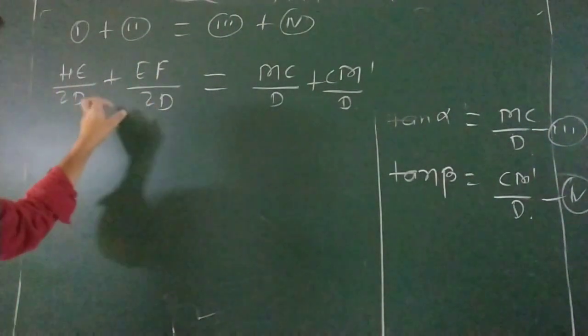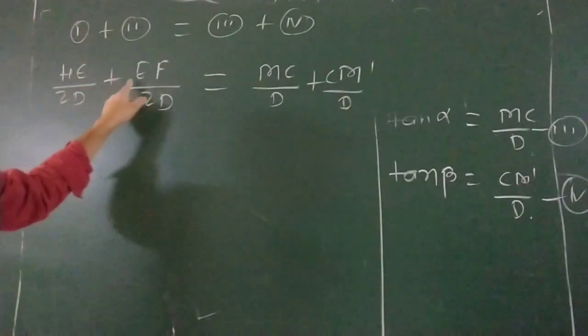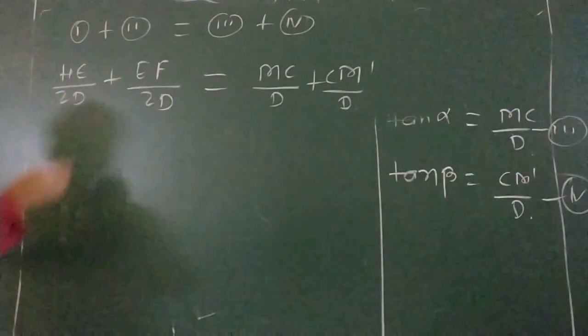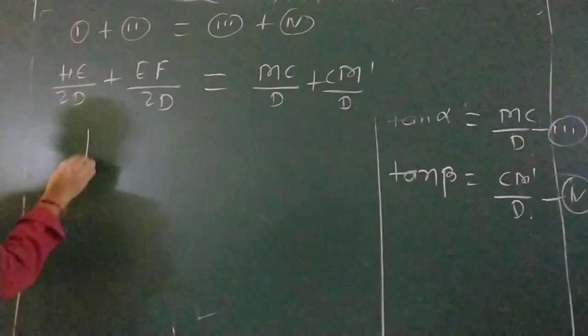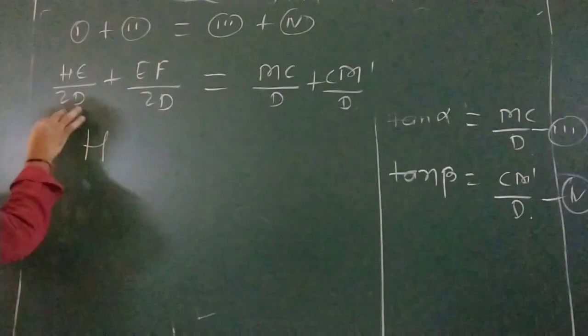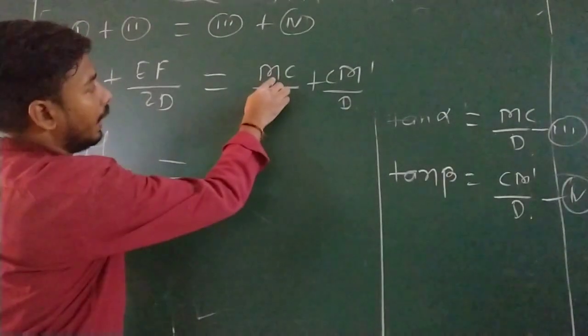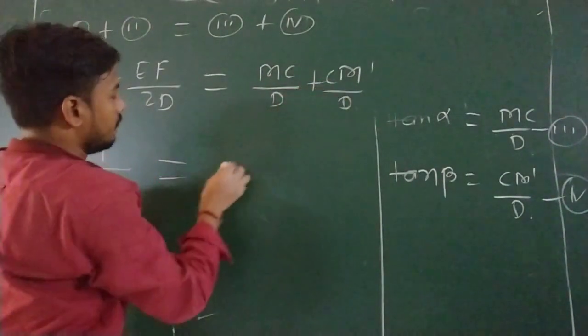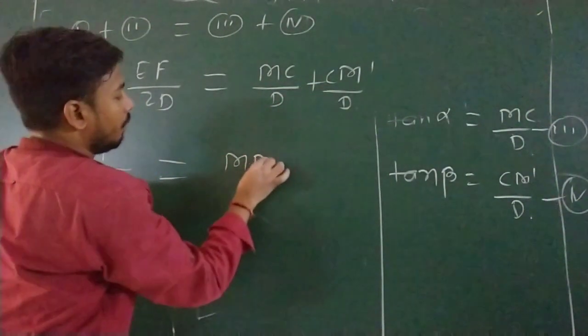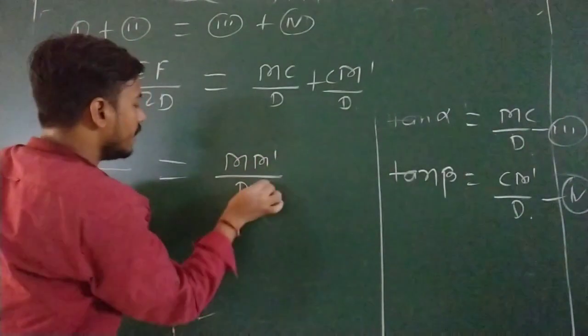Height of man, not mirror. So this becomes height of man divided by 2D is equal to MC and CM dash, which becomes MM dash divided by D.